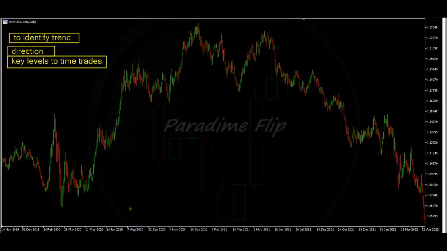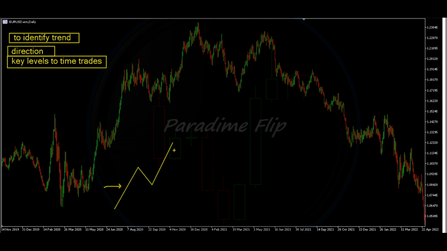So in an uptrend, okay, what you'll notice is that the market makes impulse moves, right? And we get resting phases, right? These are your pullbacks or your correction, okay? And after this phase, right, we expect the market to make another impulsive move in the direction of the first impulse, okay?